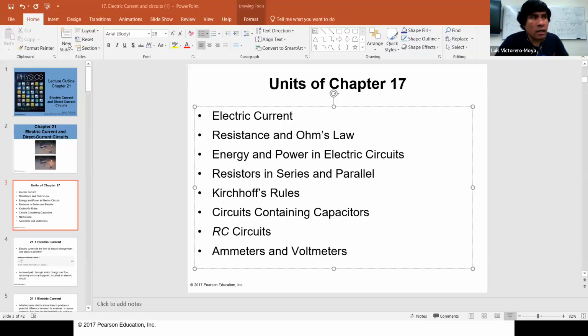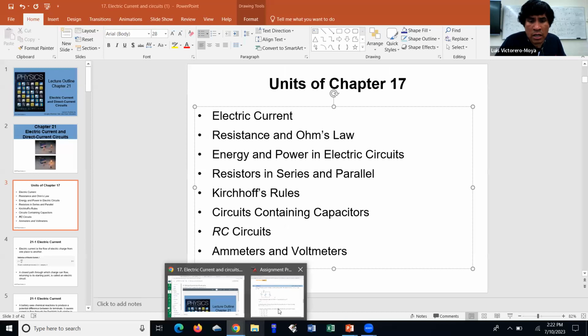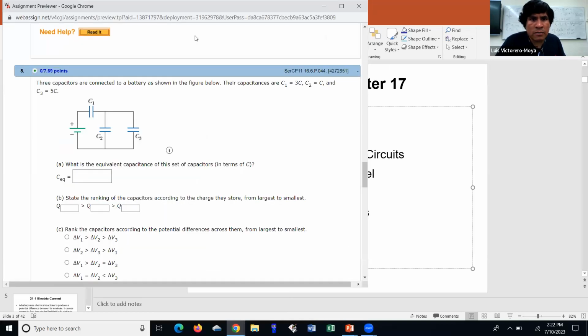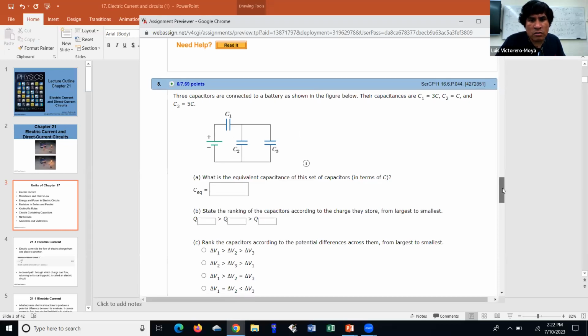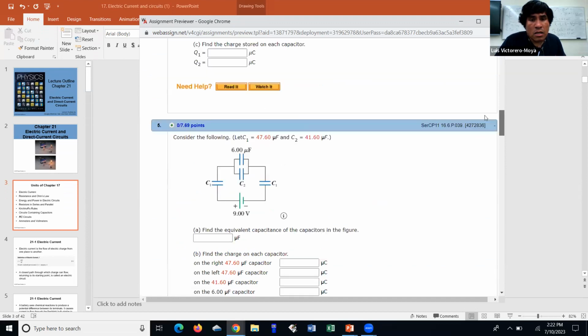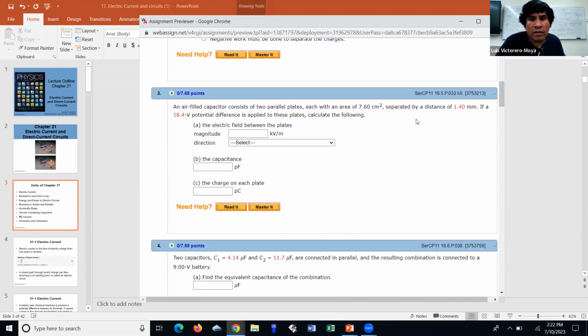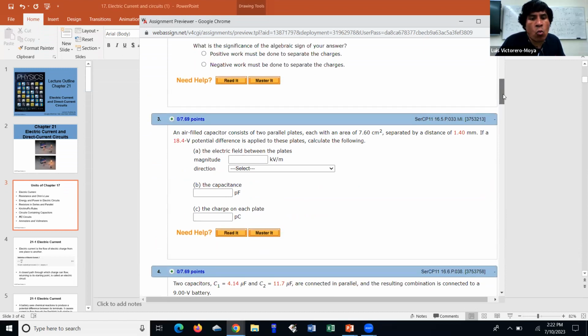But okay, let's take some time to show you. If you take a look at the assignment, I'm sharing my screen. This is a question that you are getting in the assignment. We just did that question. Look at this. So it's the same. It's just how the question is worded. Or look at this, right? We did that last class.